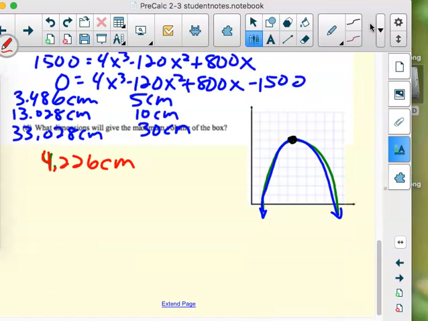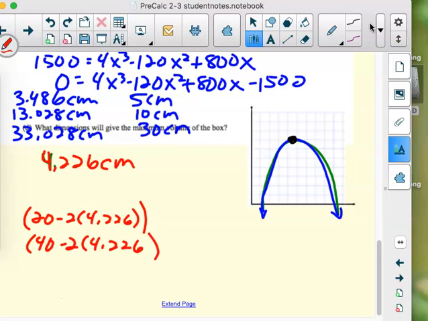And again, we'd have to put that back into our factors. So we could grab a calculator and take 20 minus 2 times 4.226 to get the other dimension, and then the third one would come from 40 minus 2 times 4.226.